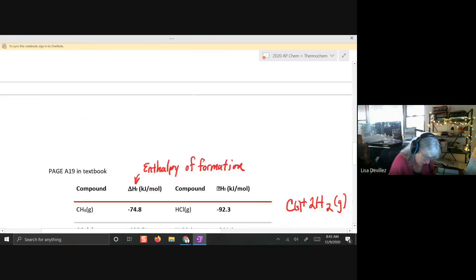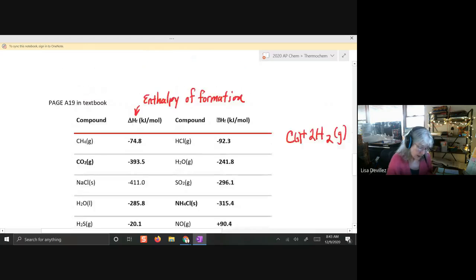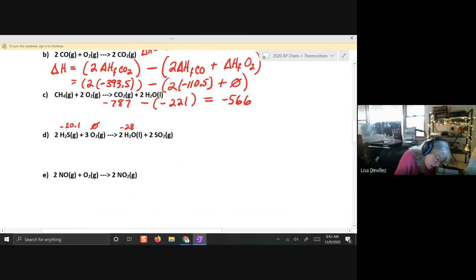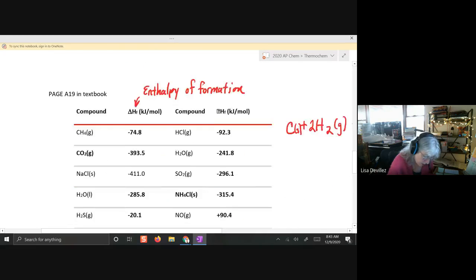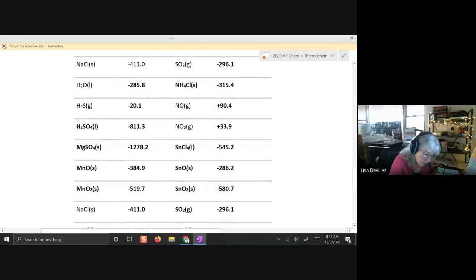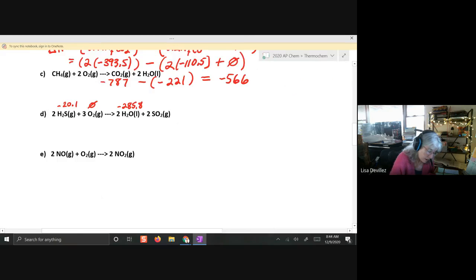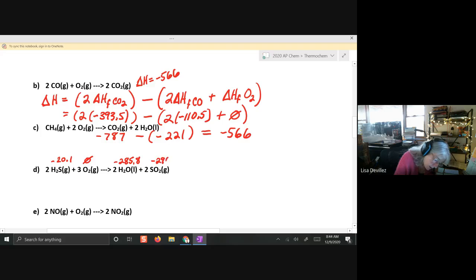And liquid water is minus 285.8, and then 2 SO2. SO2 is minus 296.1. Okay, so products minus reactants.